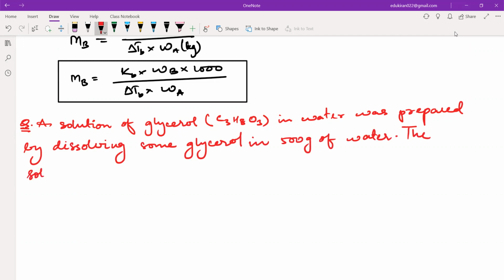The solution has boiling point of 100.42 degrees Celsius.